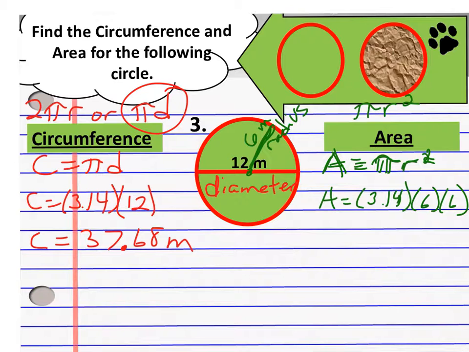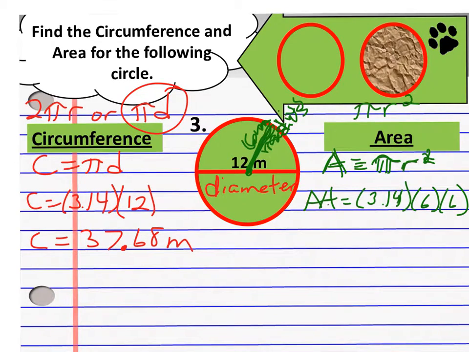Now, remember on our picture we labeled diameter, so we need the radius, and we know for a fact from yesterday you divide it in half and you're going to get 6 meters and label it your radius. So now you know what to fill in.